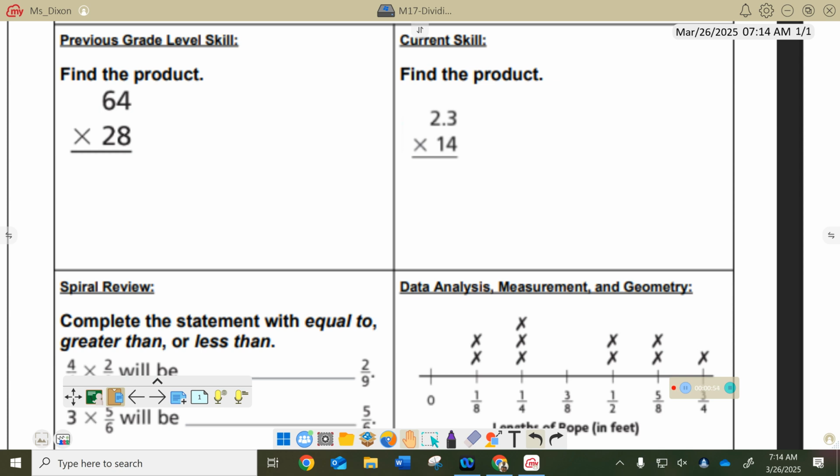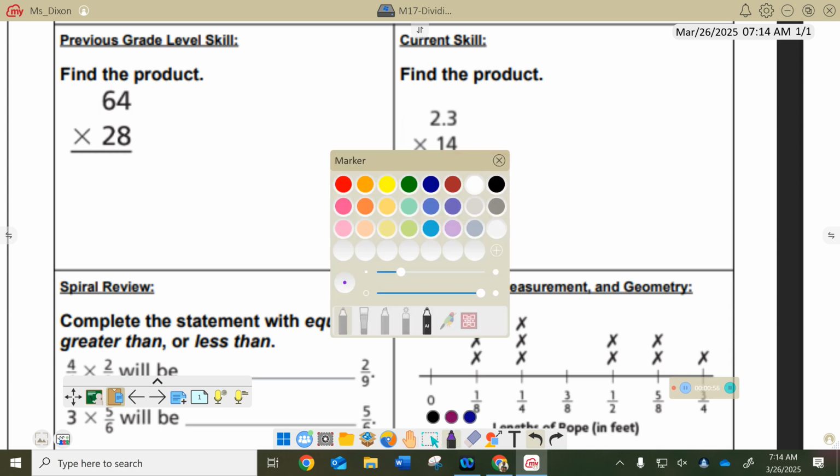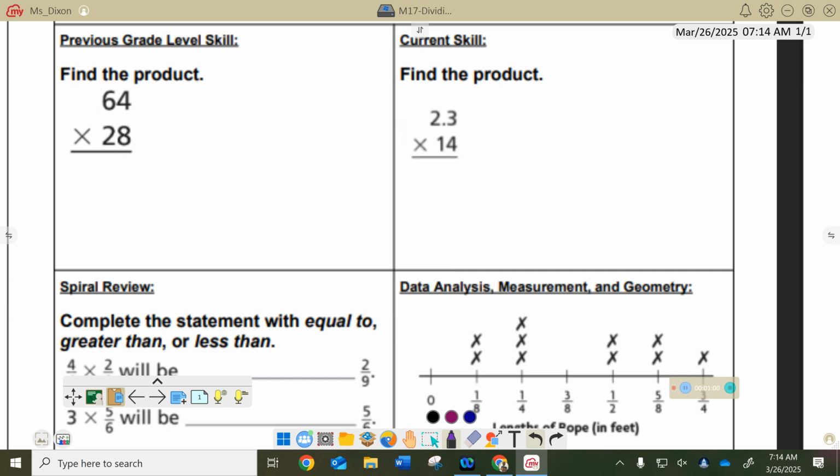Just like before, when we are multiplying decimals, you want to think of your problem as a whole number. So that's going to be 23 times 14. Like I said, the partial product method is set up just like the standard algorithm, so you set it up with the stacking method.